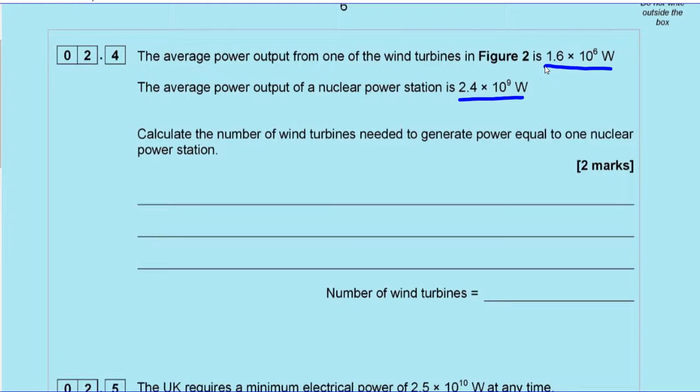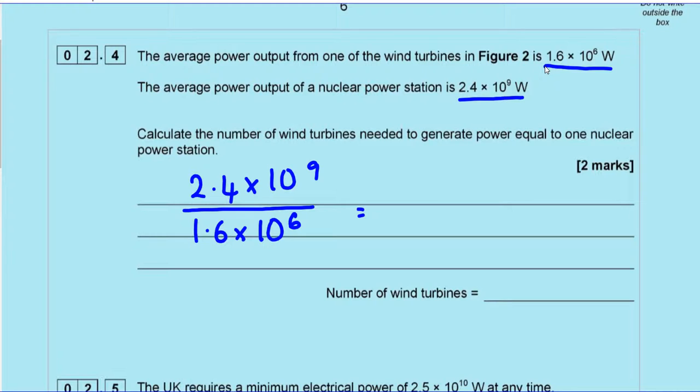So if I take my 2.4 times 10 to the 9 from the nuclear power station and divide that by my value for one wind turbine, 1.6 times 10 to the 6, that will tell me how many wind turbines I need.